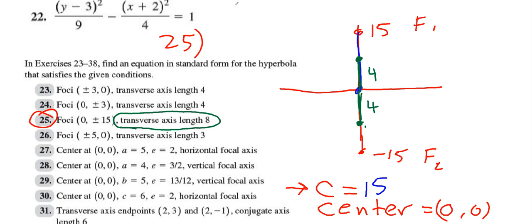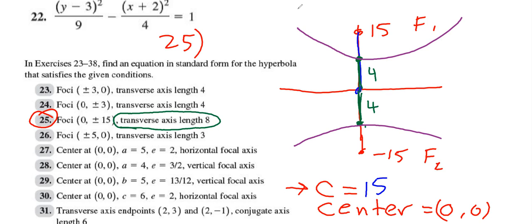So we know roughly that it does this and this, and I'll erase those once we get our asymptotes in our box. But we know that it's changing direction right there.